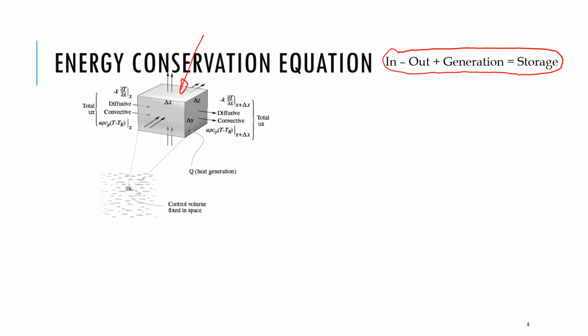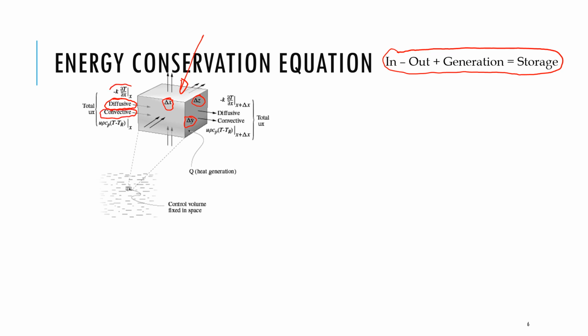It's just a control volume of size delta x, delta y, delta z, at a fixed location in space, through which energy, like the example I gave, if it's gas, would be coming in through conduction, which is a diffusive type process, or convection.